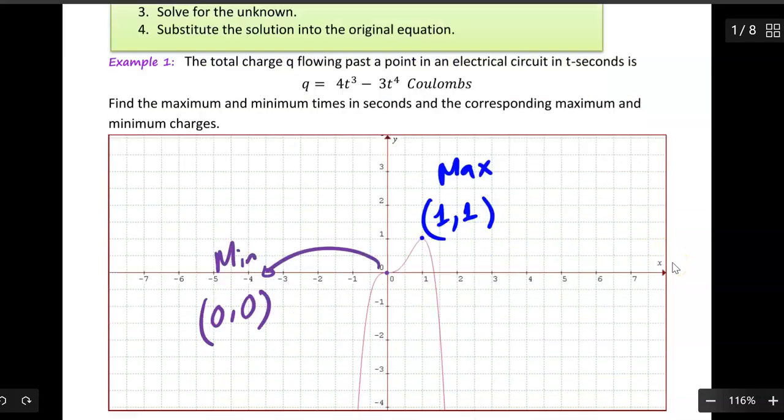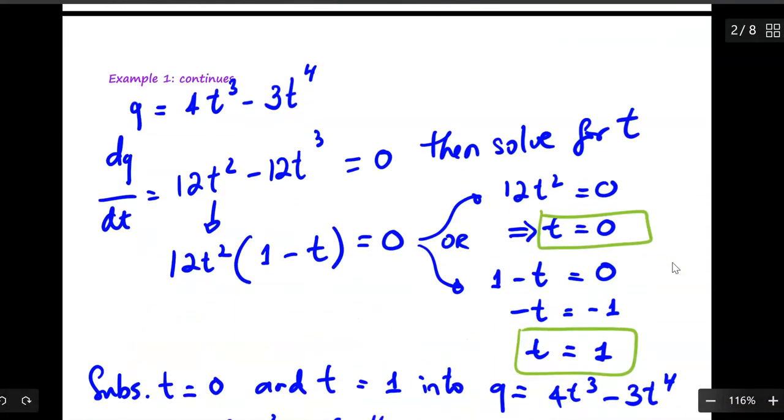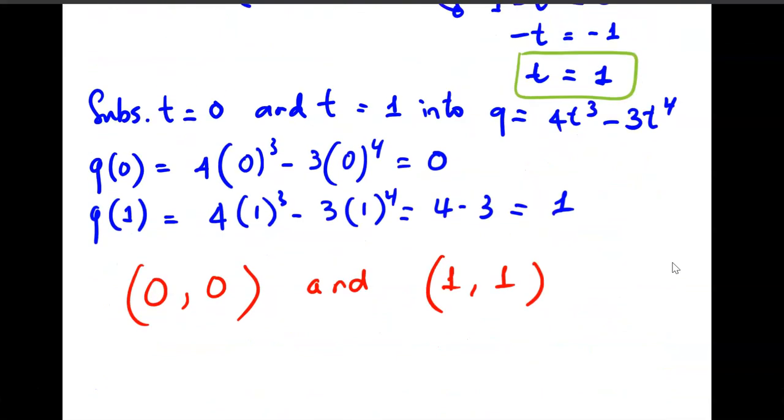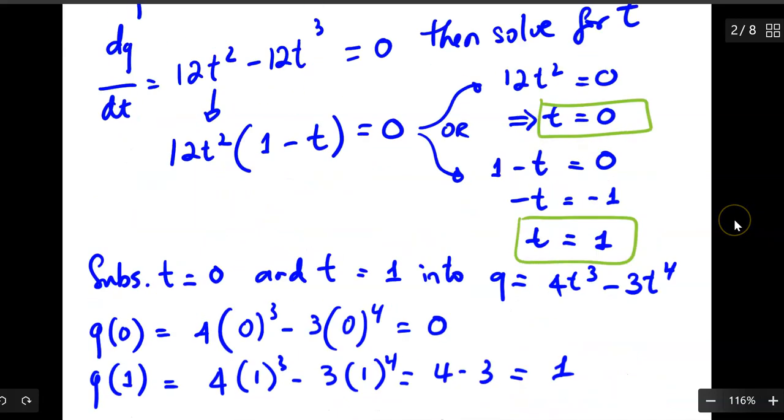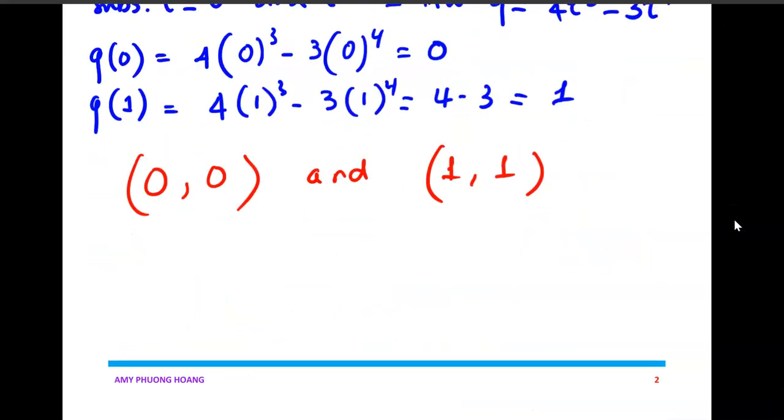Okay, so you may want to ask me this question: in the previous lesson, we actually had to use the second derivative test. That means you have to differentiate this again. If you differentiate this again and substitute the value t equal to 0, then the second derivative test doesn't work.